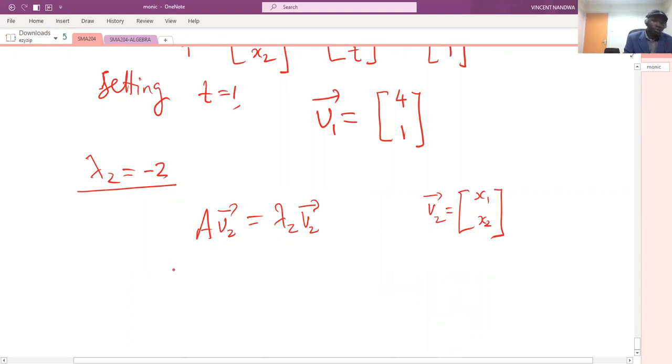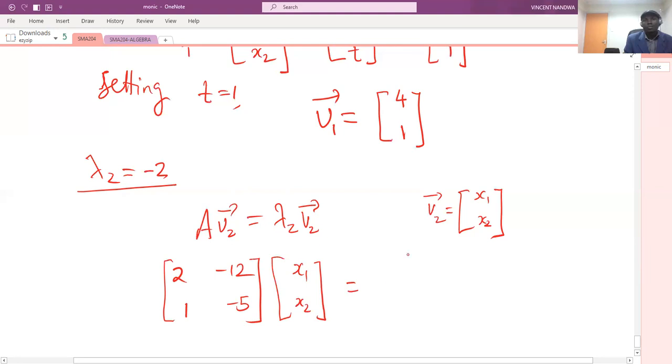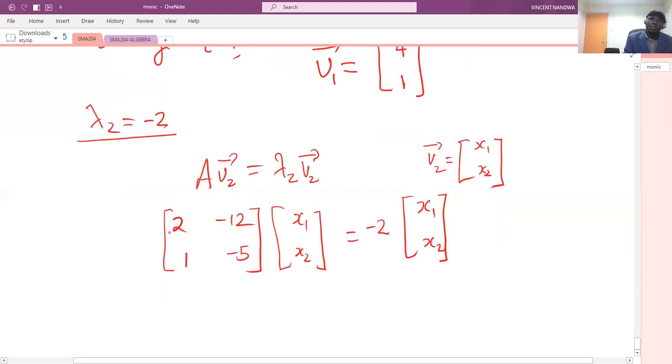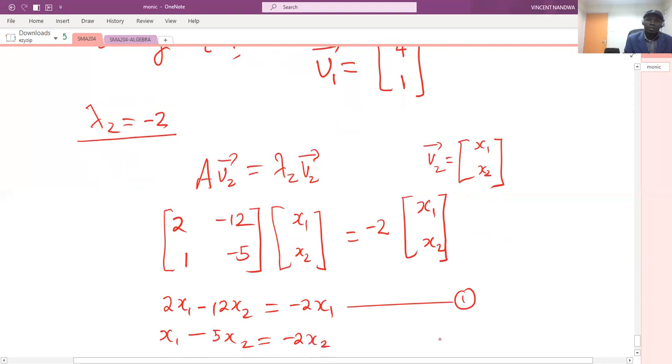So we'll have 2, minus 12, 1, minus 5, multiplied by x1, x2, equals minus 2 times x1, x2. From this, we get the system of linear equations. We'll have 2x1 minus 12x2 equals minus 2x1. Call this one equation 1. And then x1 minus 5x2 equals minus 2x2. Call this one equation 2.